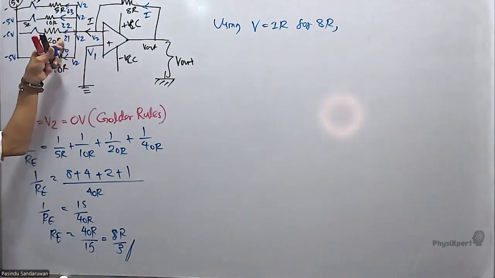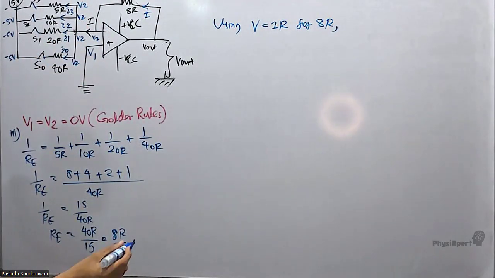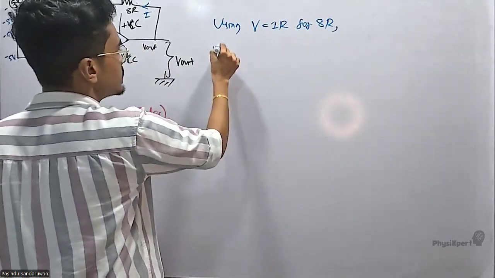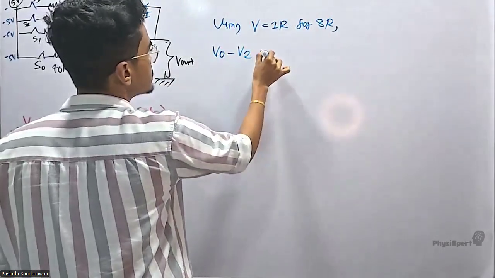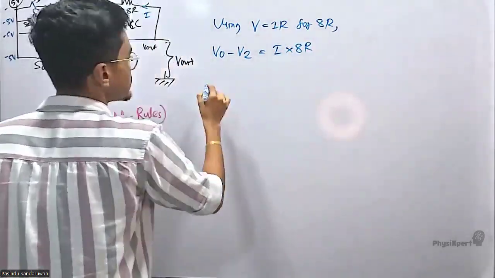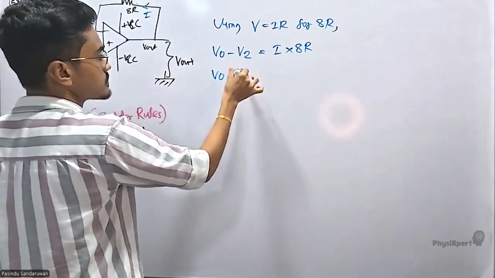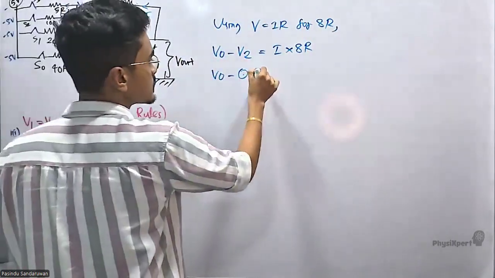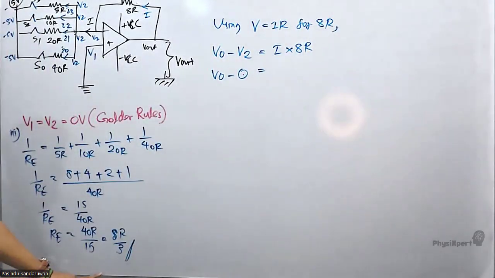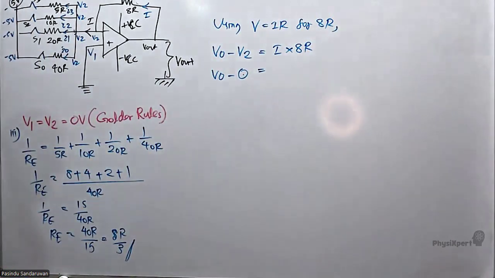Right, if that flows to the left direction, this is at V out and current flows from V out to V2. So this should be V out minus V2 equals capital I times R, which is 8R over 3. Right, V out minus V2, we know V2 is 0, and the new I is here, the new R is here.